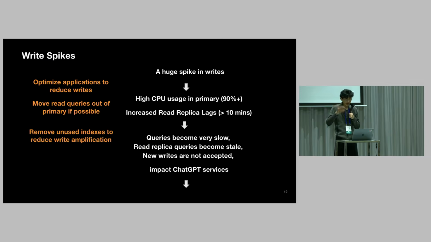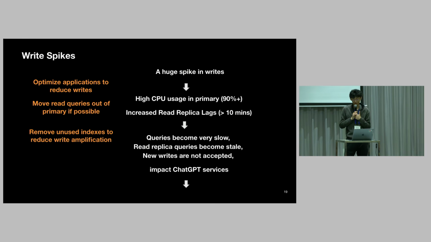But in the past we had a sudden huge spike in writes, which we didn't expect, and it increased the CPU usage to more than 90 or 95%. And the replica lag also increased a lot. Usually replica lag is within 1 second, but in that incident, the lag increased to more than 10 minutes.